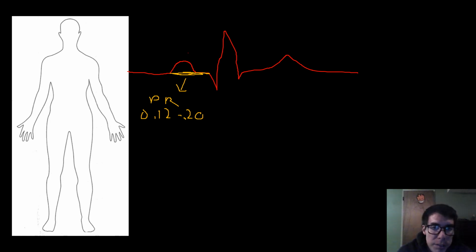Then we have, I'll use purple, from the beginning of the QRS till right over here, which is called the J point. I'll write that too. J point.